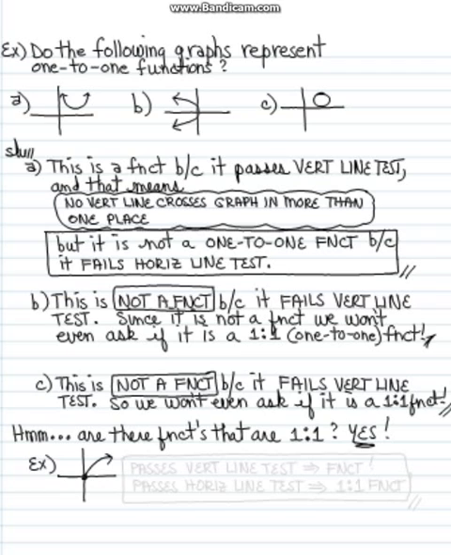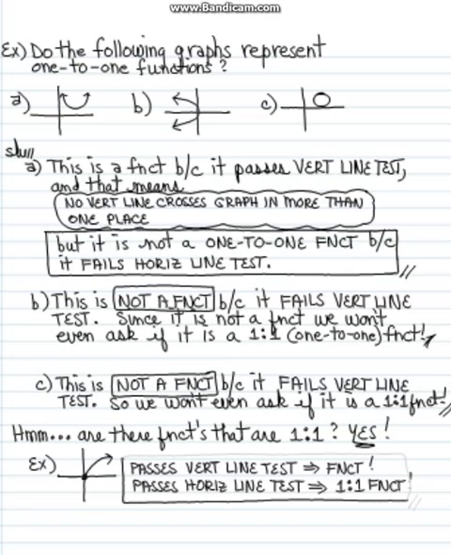That guy, he passes the vertical line test, right? There's no vertical line that crosses that graph in more than one place. So that is a function. In addition to that, now I can ask the question, is he one-to-one? Well, yeah, he passes the horizontal line test because there's no horizontal line that crosses that graph in more than one place. So this function that we've drawn is a one-to-one function.